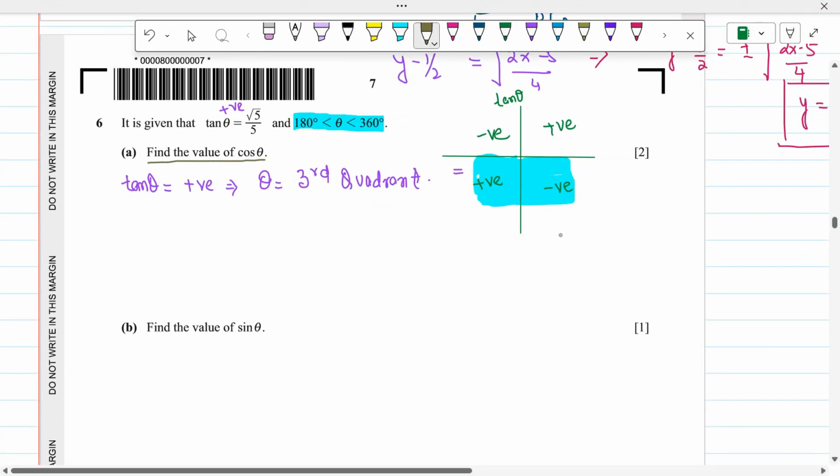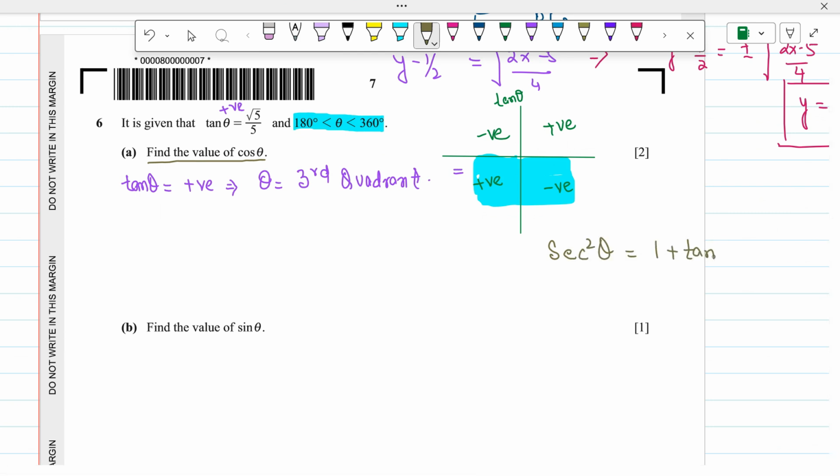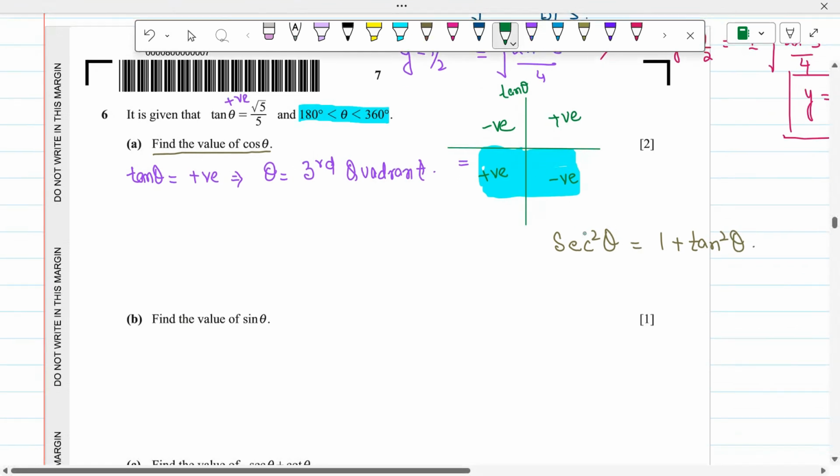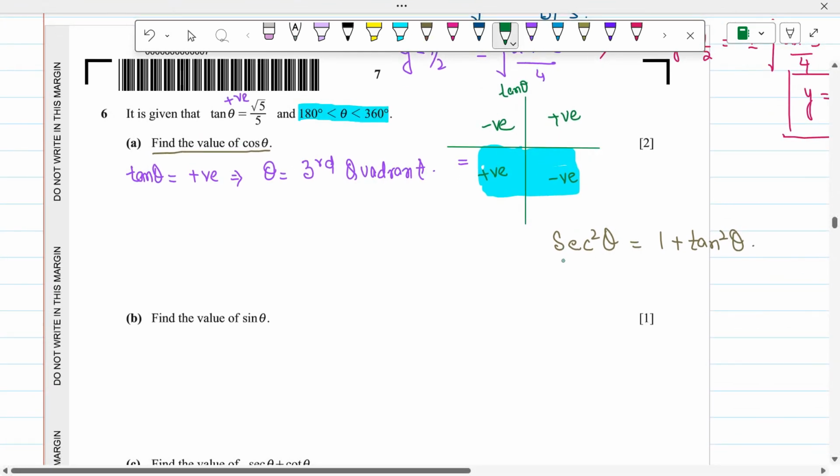To find the value of cos, we know that secant squared of theta is equal to 1 plus tangent squared of theta. So first we find secant, then we will use secant to find the value of cos.